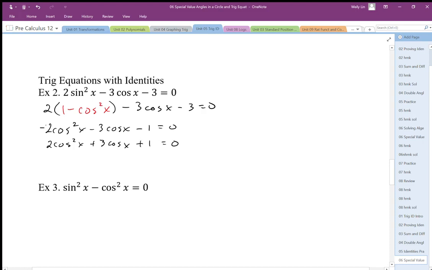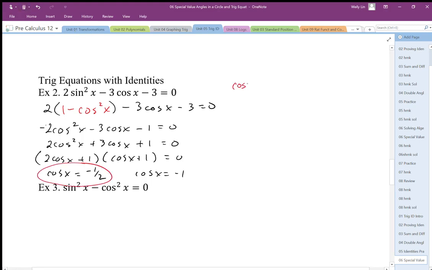So that's a quadratic equation I can solve by factoring. Okay, so then I end up with cos x equals negative 1/2. And separately I get cos x equals negative 1. So I have two equations I need to solve for the angle.